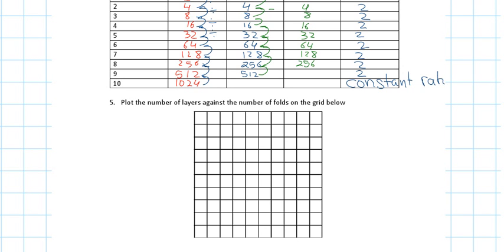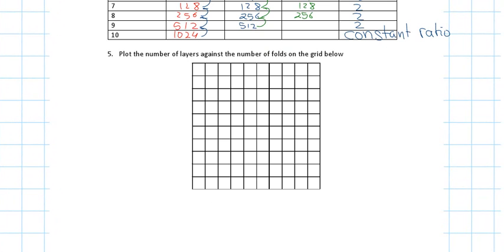Okay? Now if we're going to graph this, I won't be able to graph all of it, but let's see. So I have the number of layers. And right here I have the number of folds. Okay, so if I have 1 fold, 2, 3, 4, 5, 6, I might not be able to fit all of them.